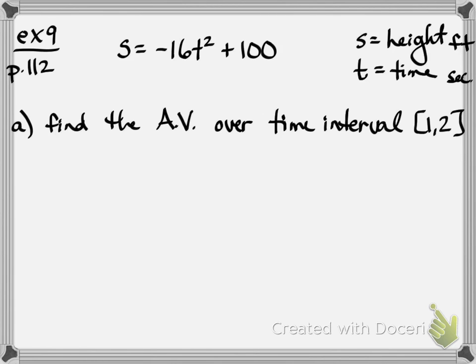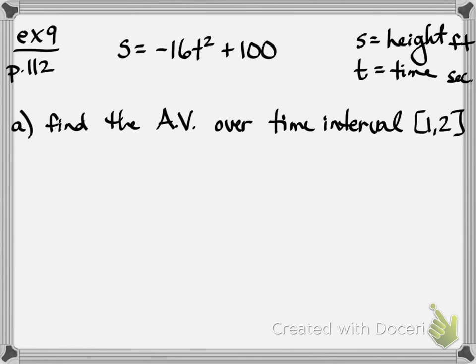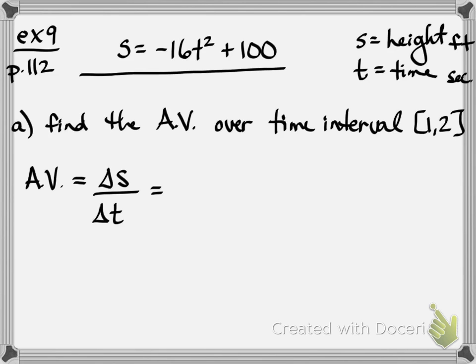So we can use our average velocity. We can use this that I've boxed here at the bottom. Average velocity is the change in position over the change in time. The change in position, we actually need to do just a little bit of work here. Instead of maybe just saying S right here, maybe we want to say S of t.